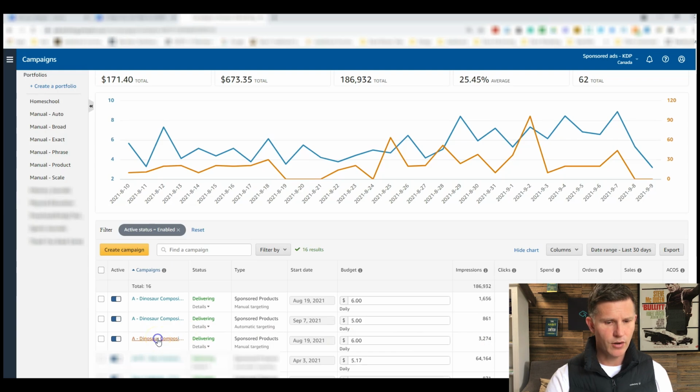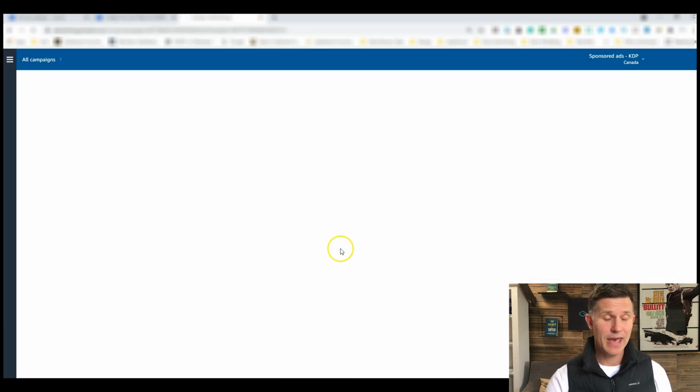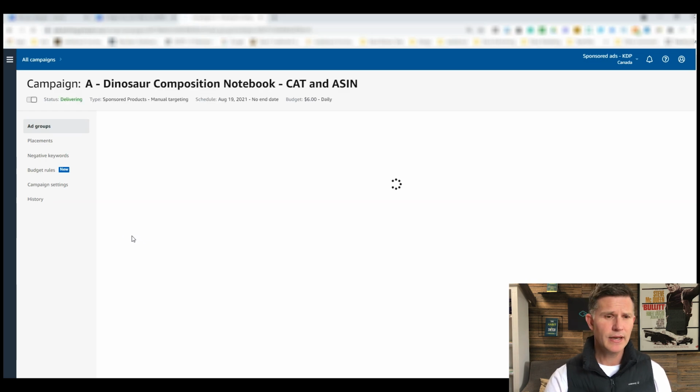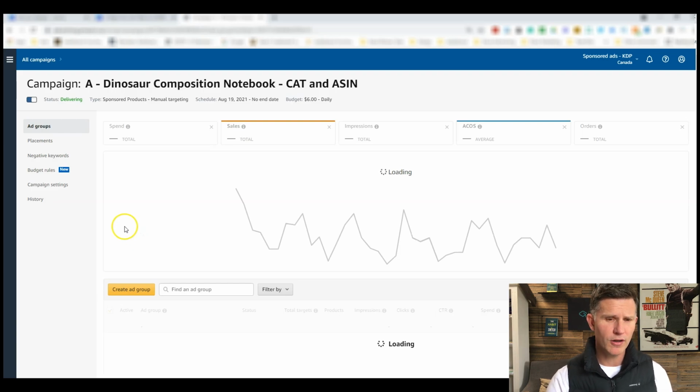So this is our cat and ASIN, our category and our ASIN campaign. So we're now going into this campaign and we want to find out again if our target keywords are converting, if there's any that are overspending, if there's any that we need to pause, trim, what can we increase the bid on to make it work even more and fertilize.